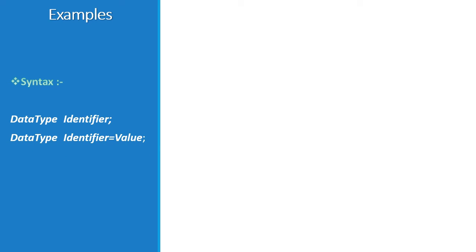Let's take a few examples for each data type. We have already seen the syntax for declaring data types, that is, data type space identifier, or data type space identifier is equal to value. First, int sum. The data type used here is integer with the use of identifier sum. The second example is also of integer: int A, B, C, D, count.